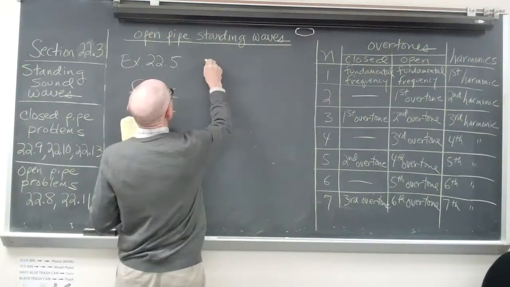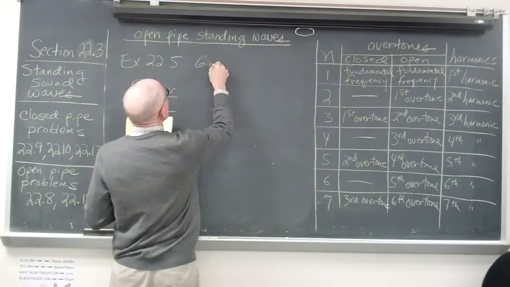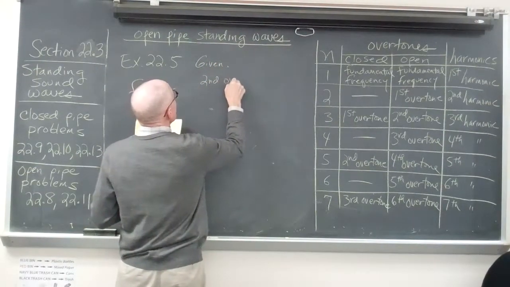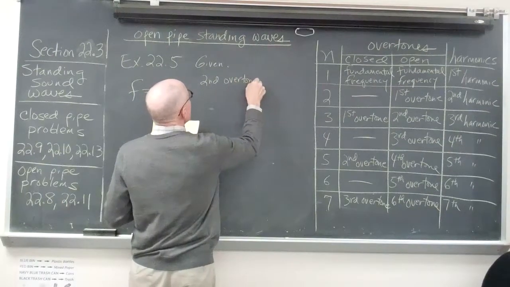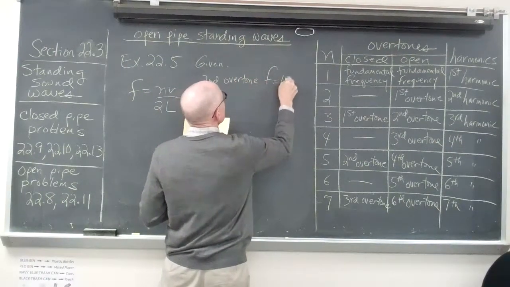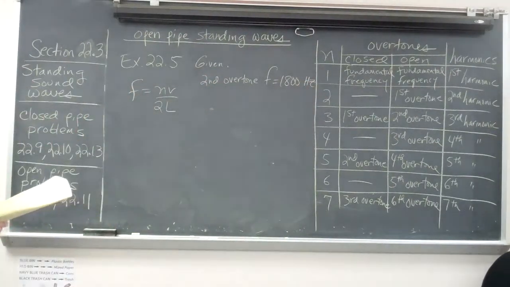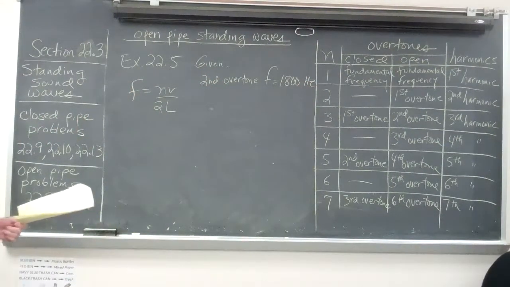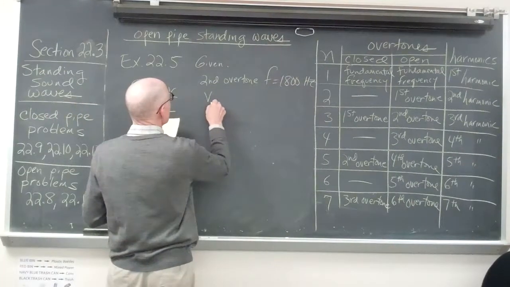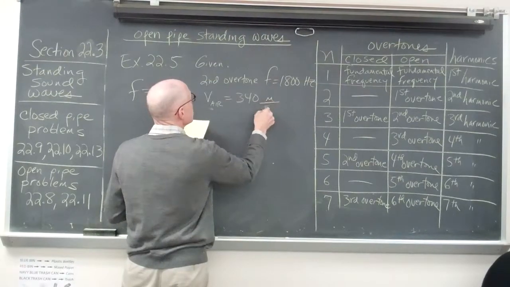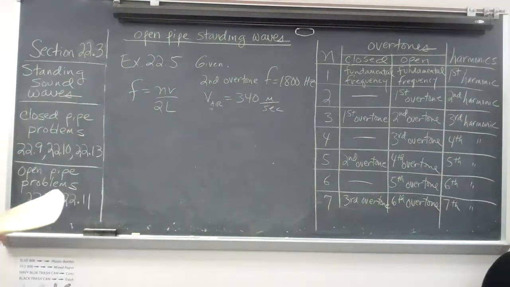Okay, so what you're given is: second overtone frequency is 1800 hertz. The speed of sound in air, 340 meters per second.